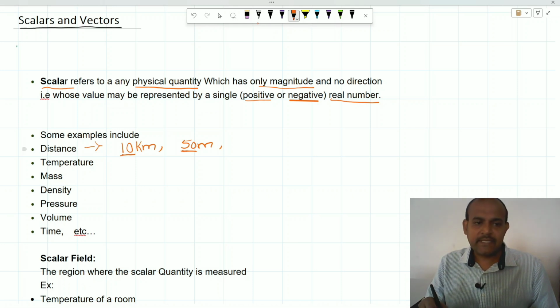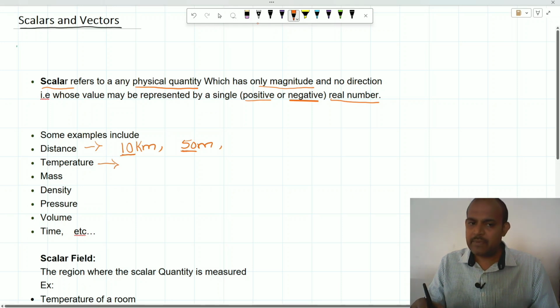So one is distance. Similarly, we may also talk about temperature. It is say 25 degree Celsius. So there is some value represented as 25, not by direction.